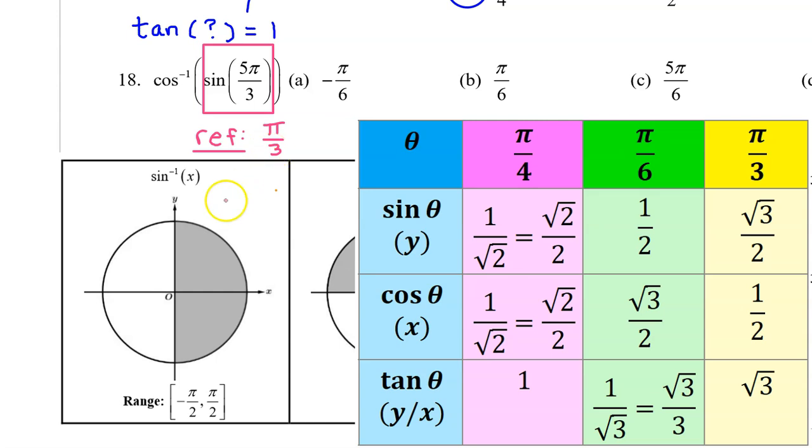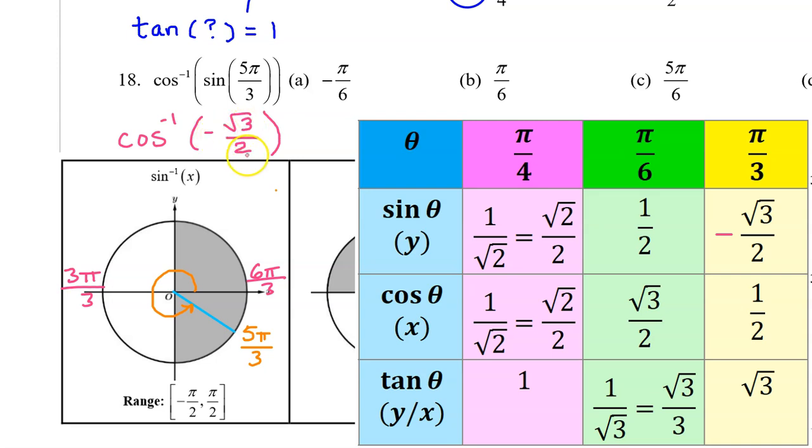Looking at the reference angle, we can think of pi as 3 pi over 3. Doubling that, we can think of 2 pi as 6 pi over 3. Therefore, 5 pi over 3 lands right here in the fourth quadrant. Sine is the y value on the unit circle, and y values are negative in the fourth quadrant. So the sine of 5 pi over 3 is negative radical 3 over 2.